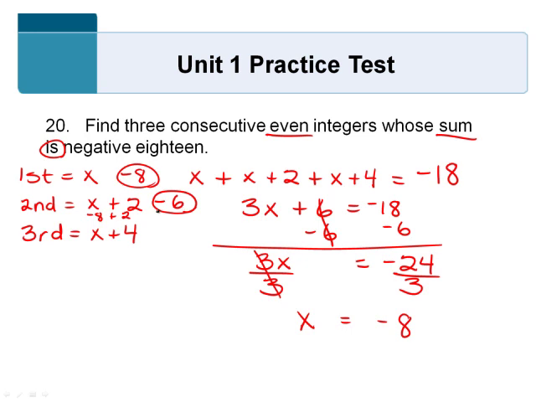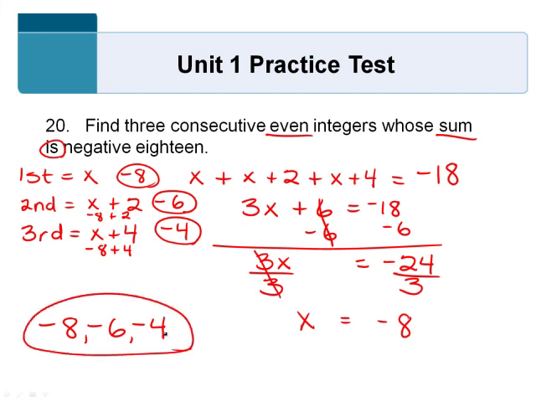So there's the second answer. And then the last one, the third answer, you do -8, because that's x, plus 4 would be -4. So there's your 3 answers, -8, -6, and -4. And if you add them up, their sum is -18. So it works. Pretty cool.